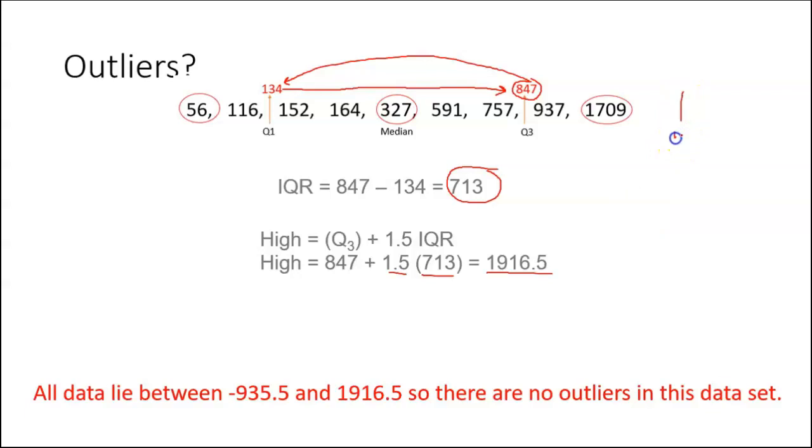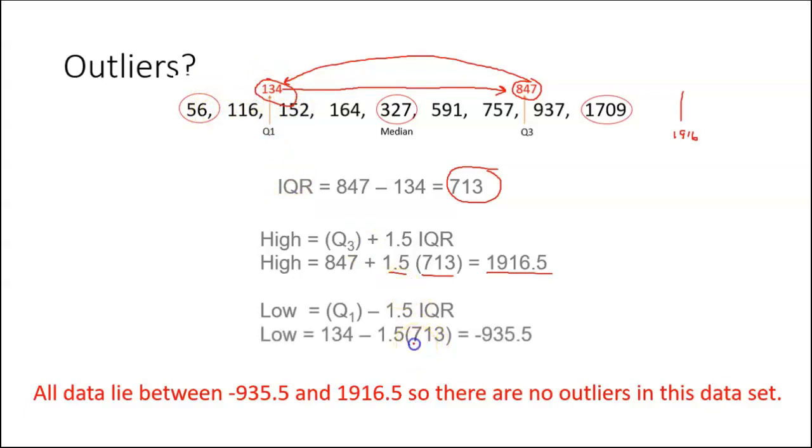So 1916 is somewhere out in here. And so notice on the high side, we don't have any data points that go beyond 1916. We don't have an outlier. On the low side, we take our lower quartile, our 134, and subtract 1.5 times that 713 interquartile range.